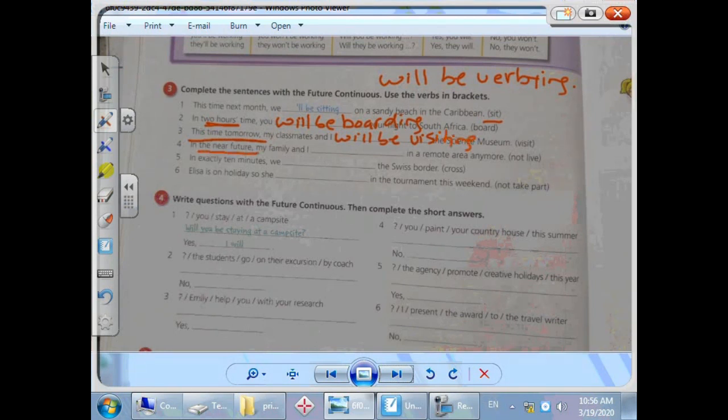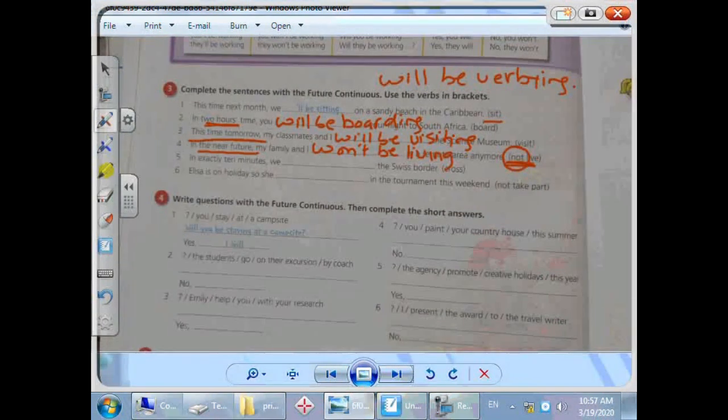In the near future, my family and I, excellent, won't, because here we have not. So won't be living, and here it ends with E, so we will cross it out and add ing. Okay, next. In exactly 10 minutes, we, what?